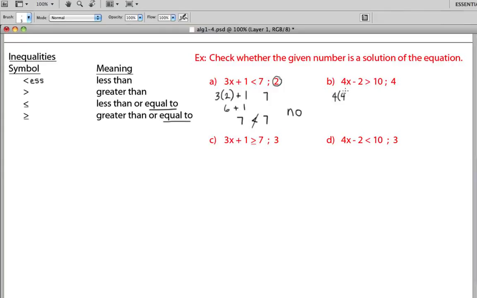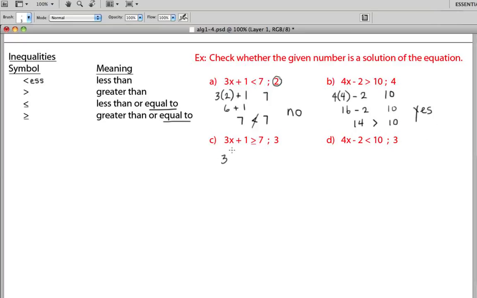This one's a little bit different from the one worked on earlier. Bring this 10 down. I will bring this symbol down here. This is asking, is 14 greater than 10? And 14 is bigger than 10, so the answer would be yes.